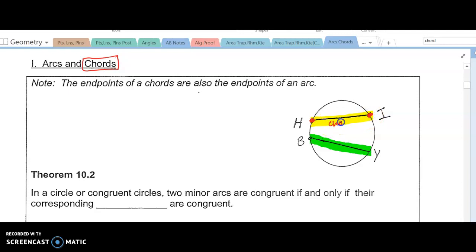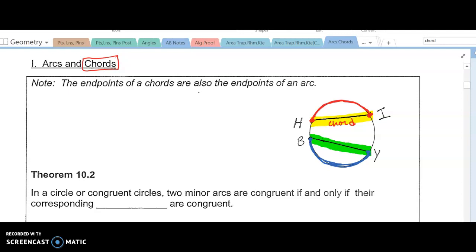This is a chord. And then we have the arc that is cut off, that part of the circle that is cut off from the rest of the circle by that chord. And same thing down here, BI is a chord. And then you have that part of the circle, that arc BI, that is cut off by that chord.